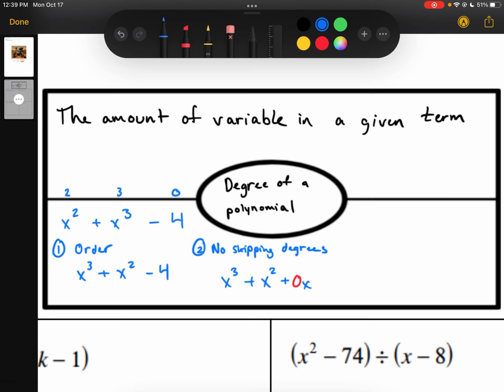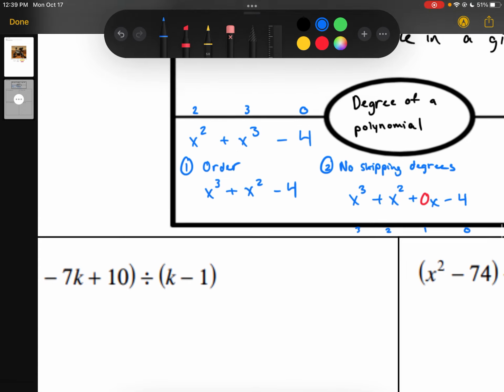So we basically manufacture a term that doesn't exist by just labeling it 0, which doesn't affect anything because 0 times anything is just 0. The idea here is we're keeping our order constant. We're going from a third degree to a second degree to a first degree to a 0 degree term. So once we have it in order and we're not skipping any degrees, that's what gets us prepared and ready to synthetically divide.